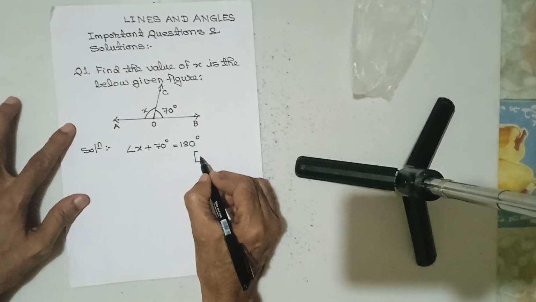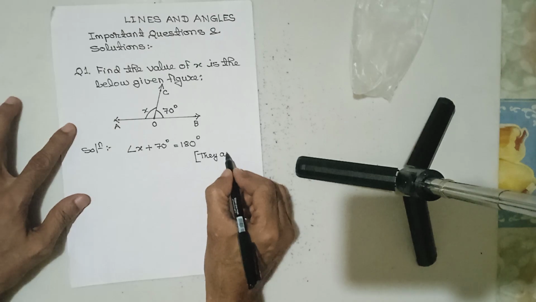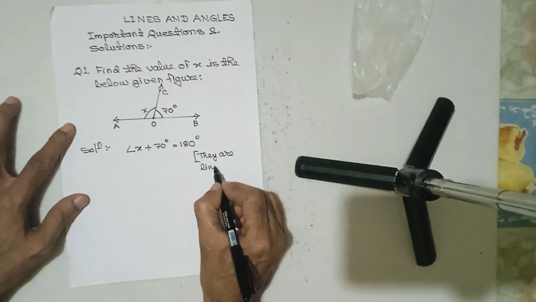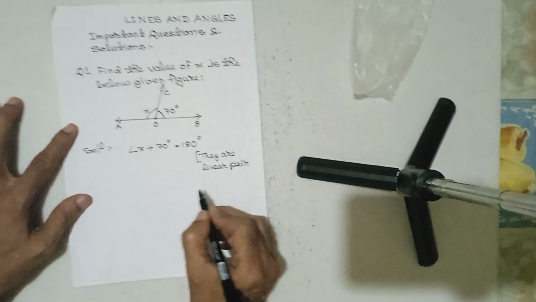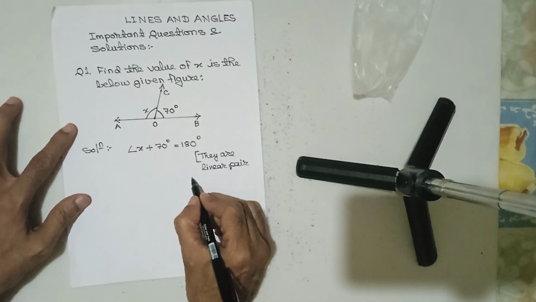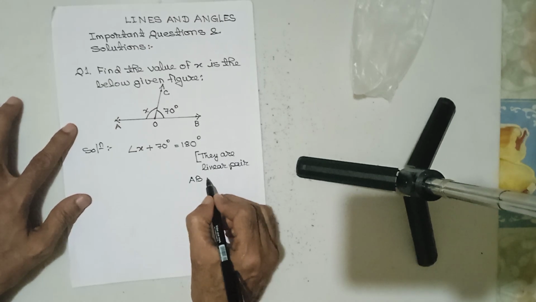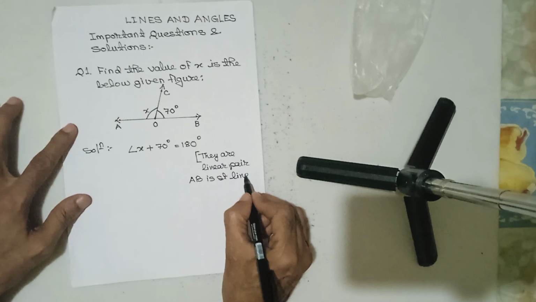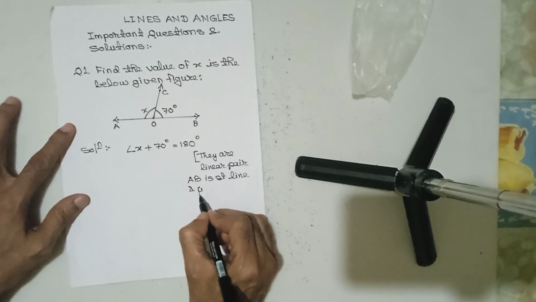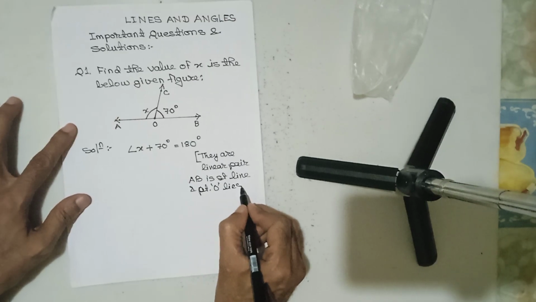You may write here, since they are a linear pair, or you may also write AB is a straight line and point O lies on it.